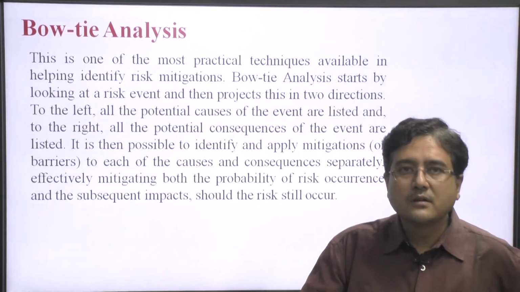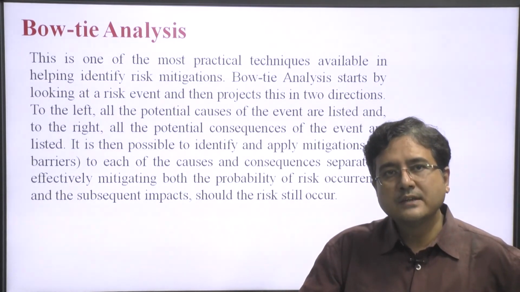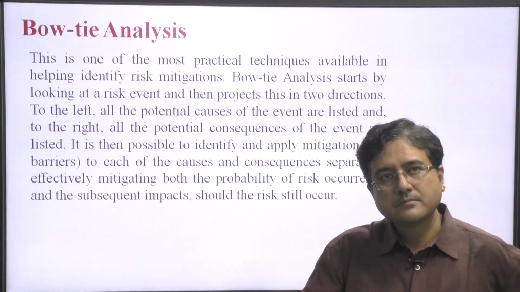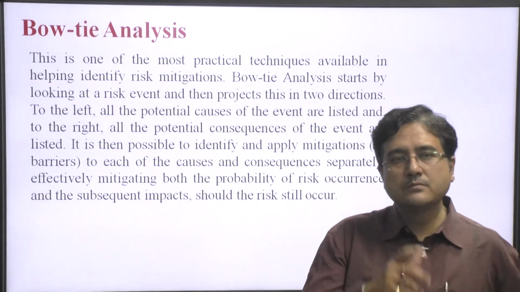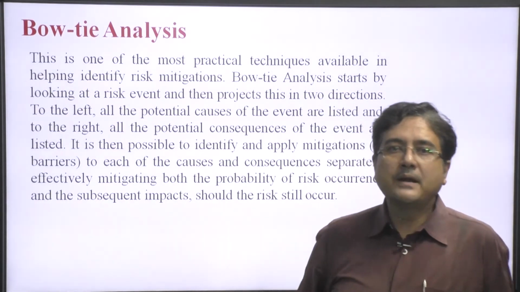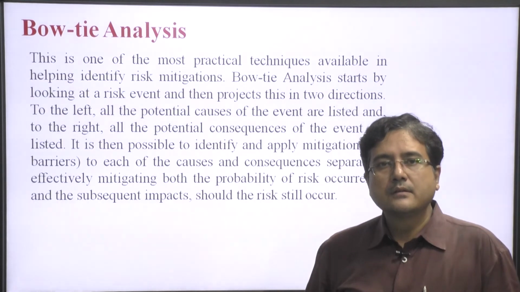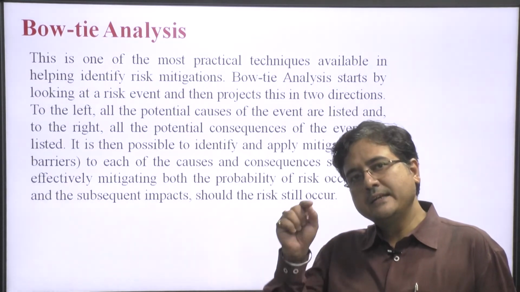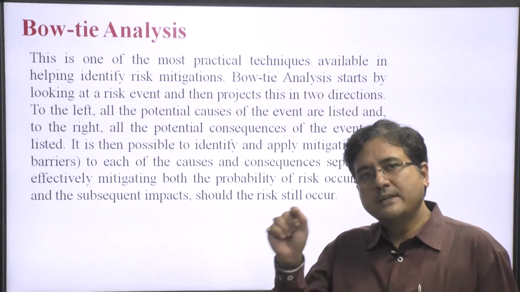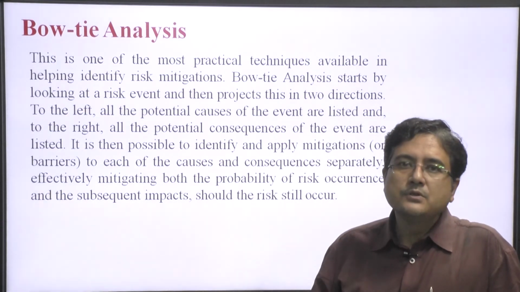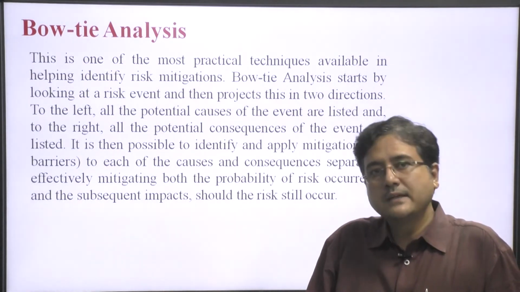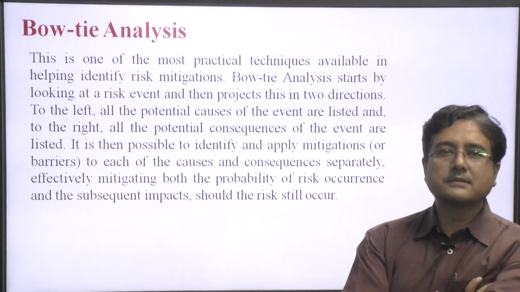So first of all, the first event is choosing the land area. Possible causes, we list down what we do. First of all, we have to plan. Then after planning, we find the land area, and when we have found the land area, then in front of that we also have to find out the risks of choosing that land area. If we take that land, what problems can come up there, if we take land there, what problems can come up.